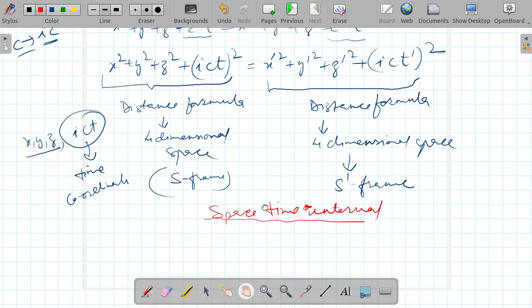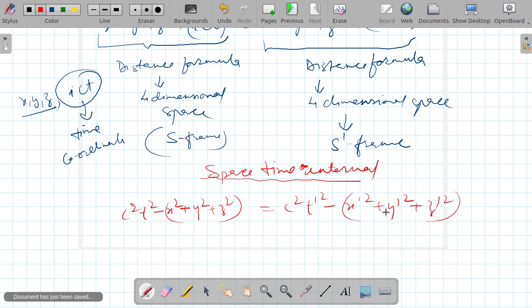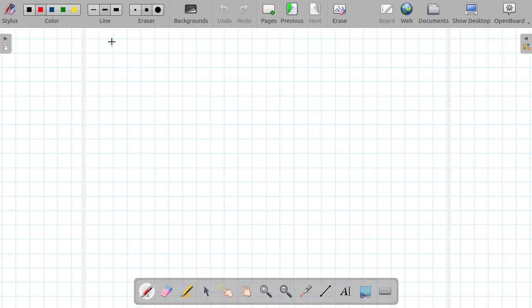And in some books, this equation can also be written as c square t square minus x square plus y square plus z square is equal to c square t prime square minus x prime square plus y prime square plus z prime square. So this equation which I am getting is just the idea of space-time. So a new concept will be developed, a concept of space and time.